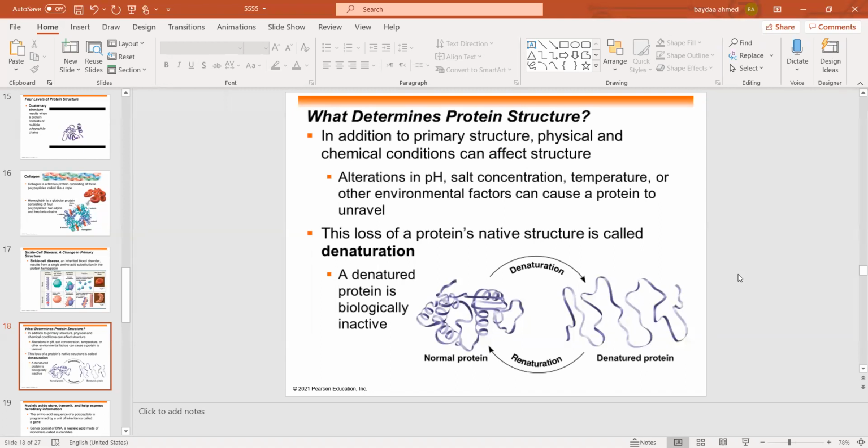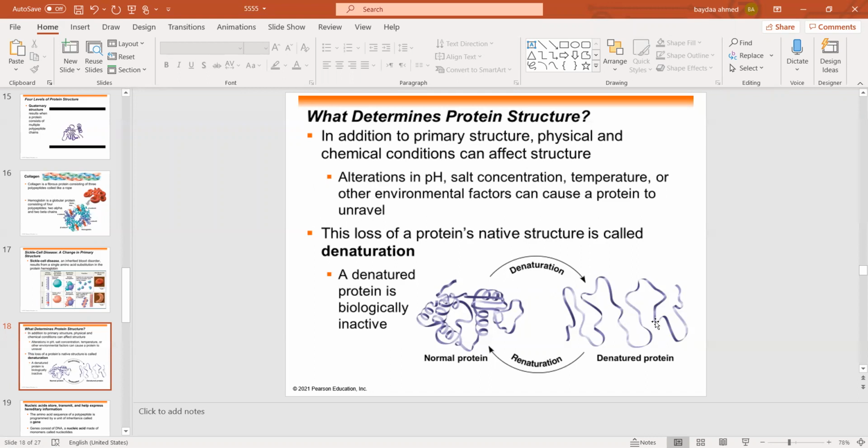If the pH, salt concentration, temperature, or other aspects of its environment are altered, the weak chemical bonds and interactions within the protein may be destroyed, causing the protein to unravel and lose its native shape, a change called denaturation. Because it is misshapen, the denatured protein is biologically inactive.